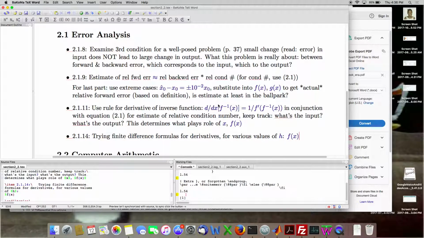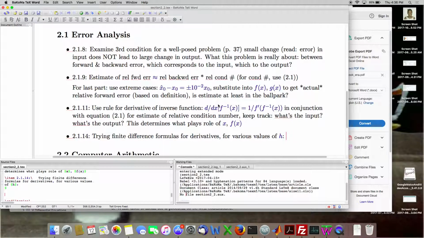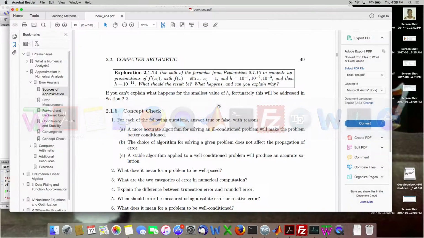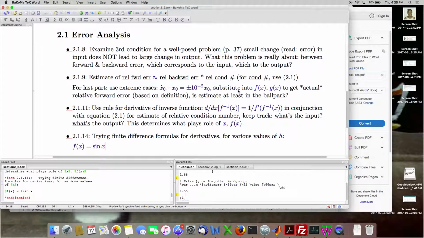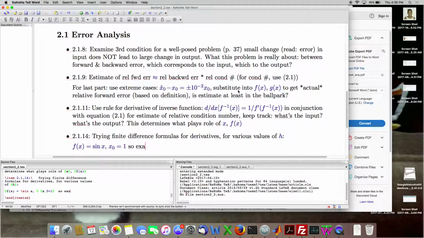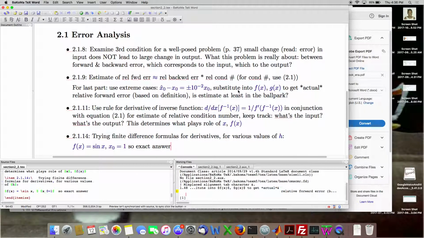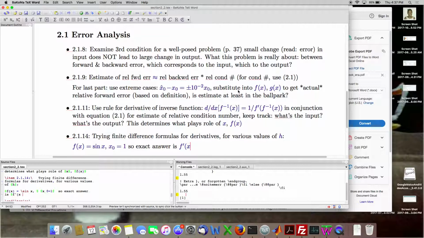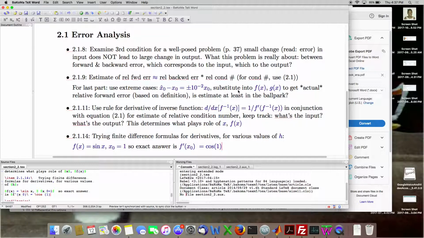So in this problem, f of x is equal to sine x, x naught equals 1. So the exact answer, f prime of x naught, is equal to cosine of 1. So go ahead and compute that so you see at least this is what you're supposed to get.